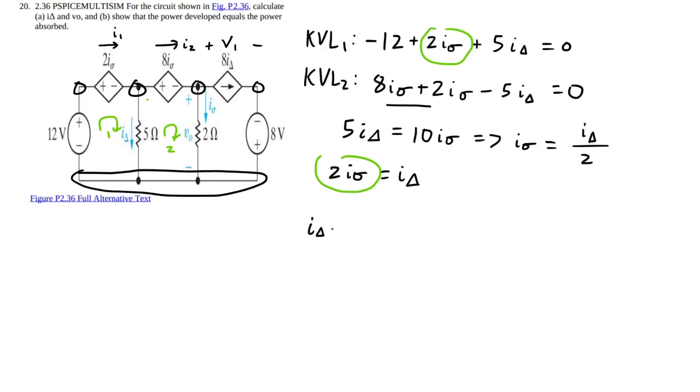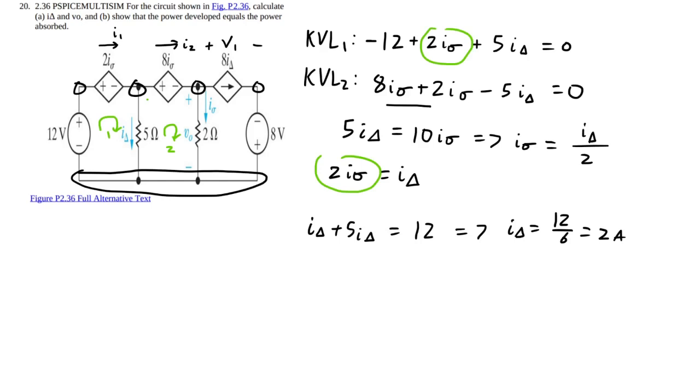So I delta in that place plus 5 I delta equals 12, which means that I delta equals 12 divided by 6, or 2 amps. So that's one more thing we've solved.